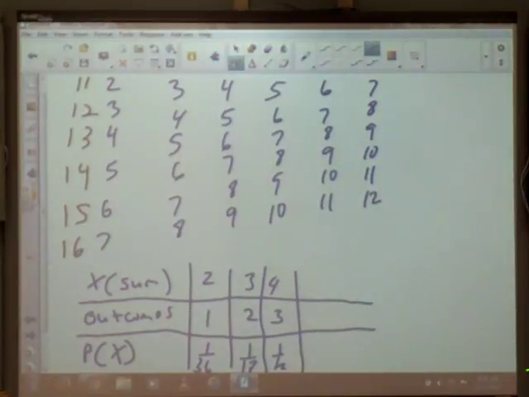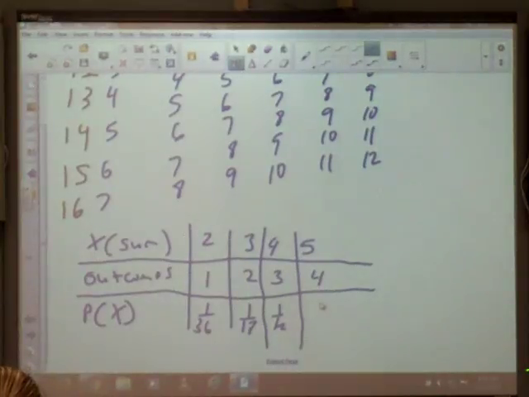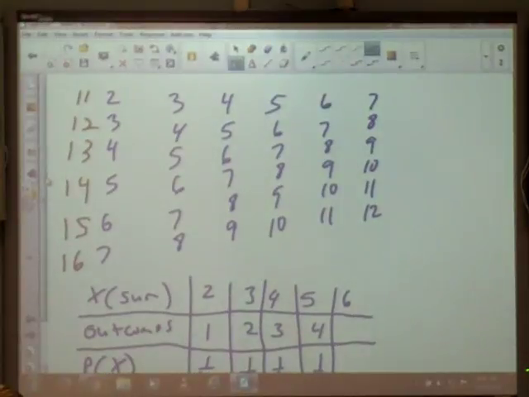All right, how many 5's did we get, Malia? 4. Very good. 4 out of 36 is the same as 1/9. Okay, next, how many 6's did we get? 5. 1, 2, 3, 4, 5.